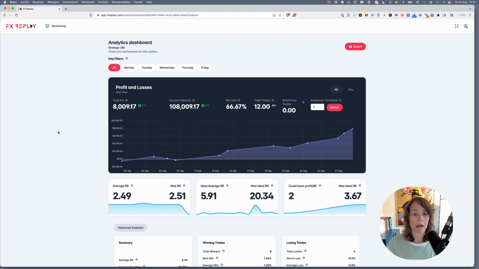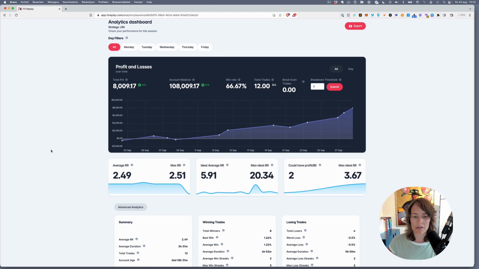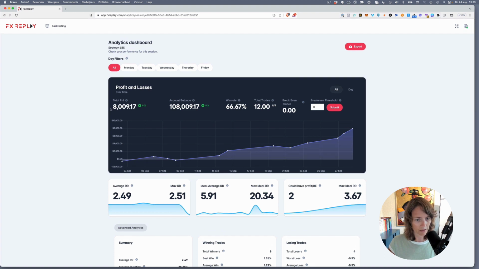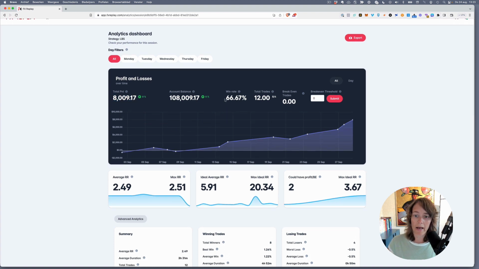But for now, let me just go over a little bit of the statistics. As you can see, we made 8K, so 8% on the account. We had an overall win rate of 66.6, so two out of three trades we won, right?